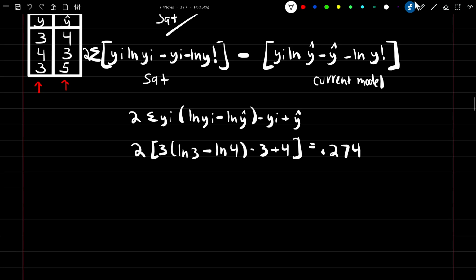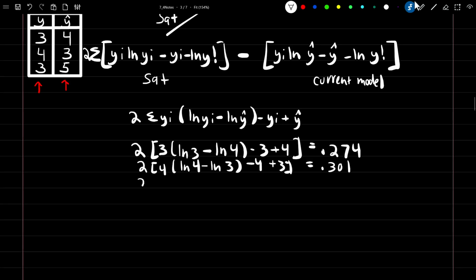So we can say the deviance residual for observation 1 is 0.274. For our second observation, we would get 2 times 4 times the log of 4 minus the log of 3, minus 4 plus 3, and we'll get a deviance residual equal to 0.301.